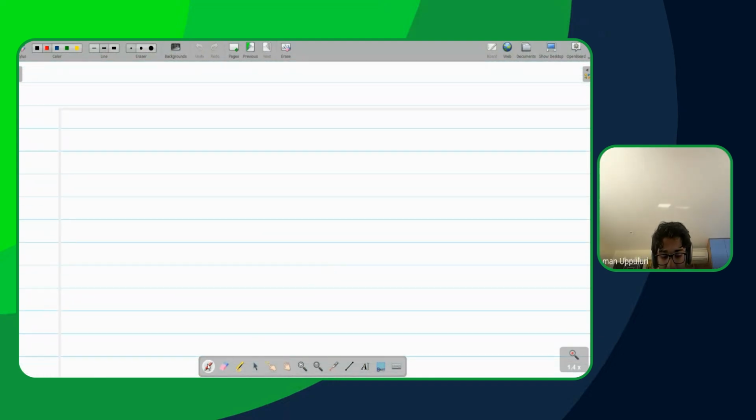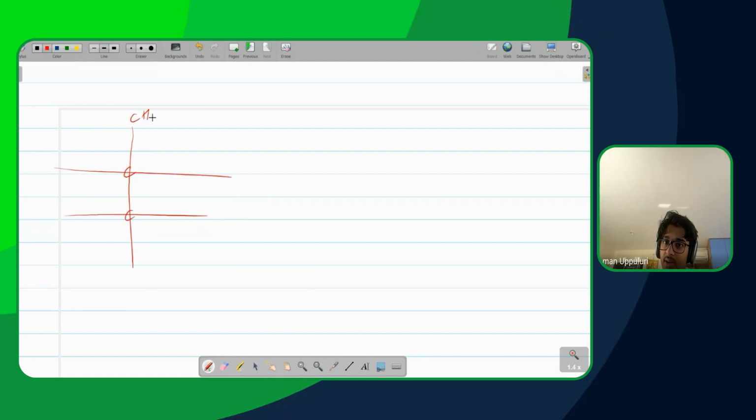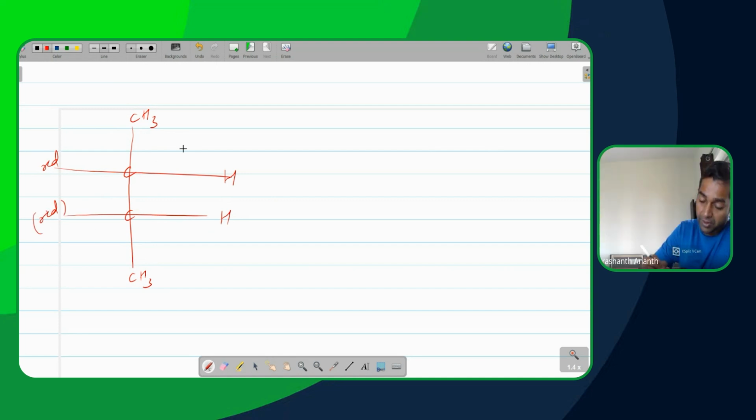2 carbon. Okay. Let's take a simple one. CH3, CH3. Some red group. And methyl is also there. So this is unfortunately not optically active. So let's make it chlorine and bromine.